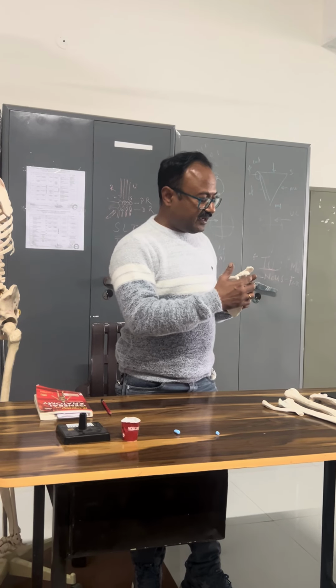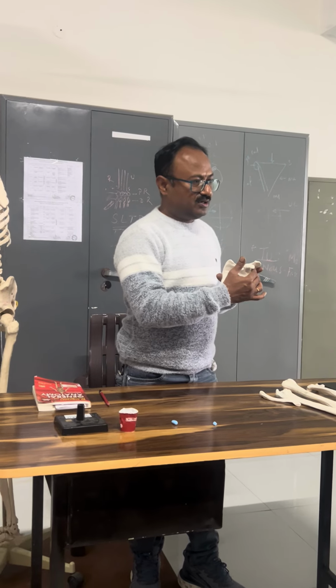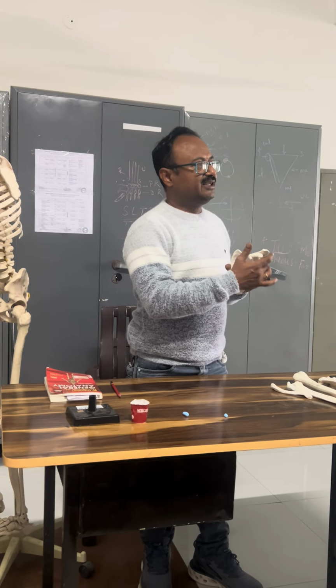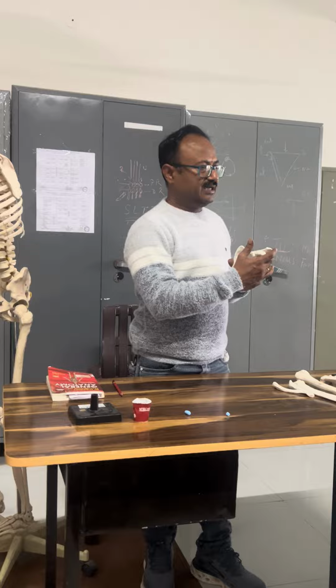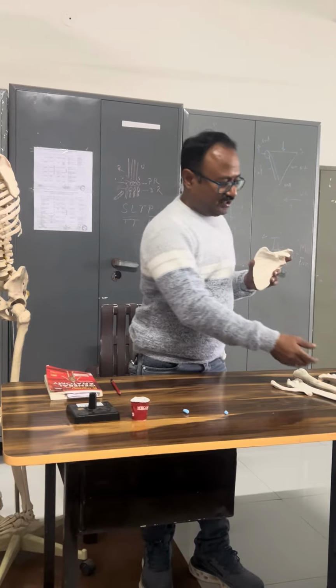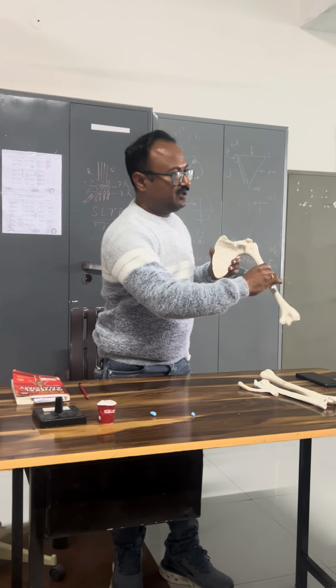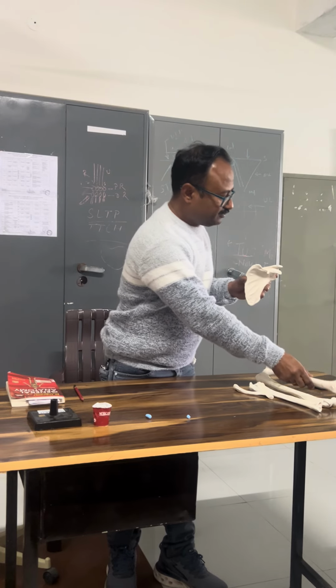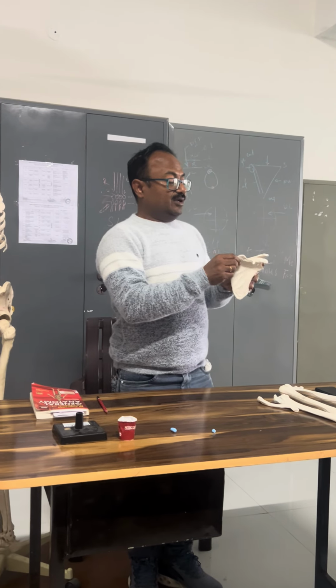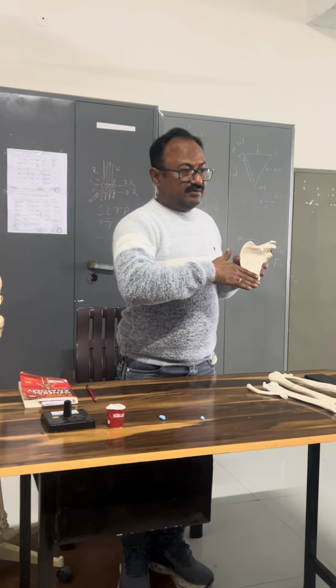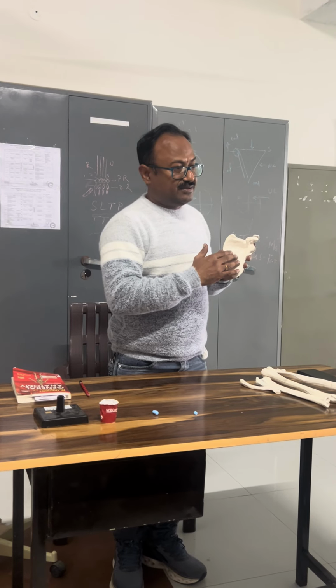Why is it left-sided? The lateral angle is broad and forms the cavity called the glenoid cavity, which articulates with the head of the humerus and forms the shoulder. The anterior surface is concave, marked by three costal ridges.